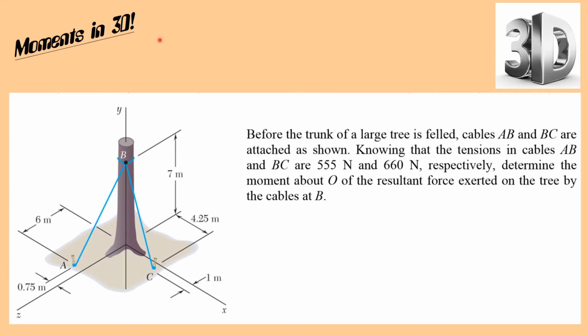Three-dimensional example. Don't worry, the three-dimensional ones, some people actually think they're easier. So we'll see. Okay, before the trunk of a large tree is pulled down, cables AB and BC are attached as shown. Okay, so we're going to pull this tree over, and we want to make sure it doesn't fall on your car or fall on your house.